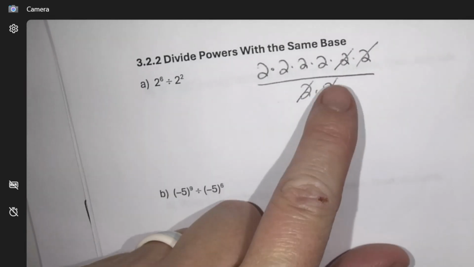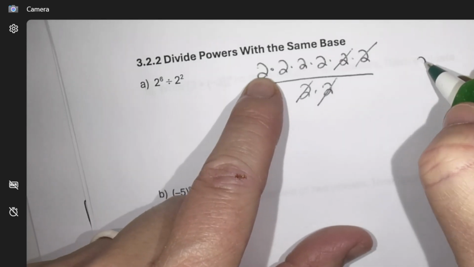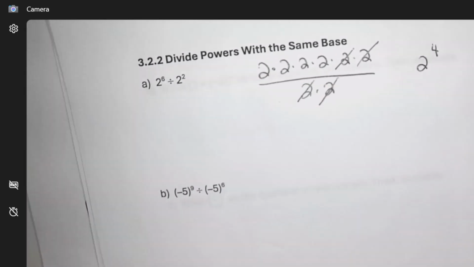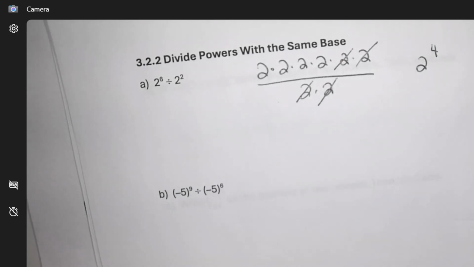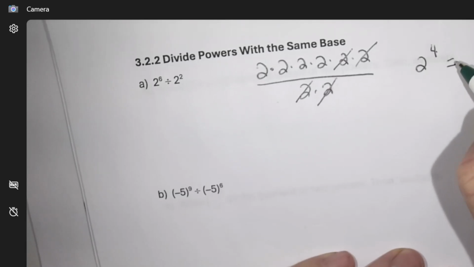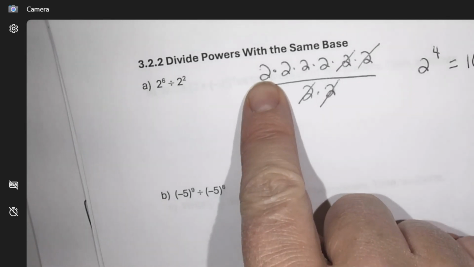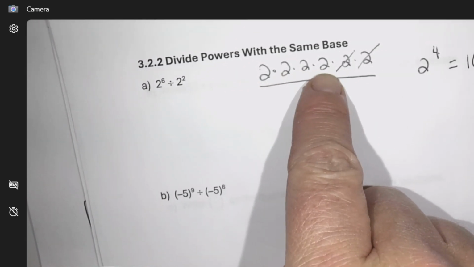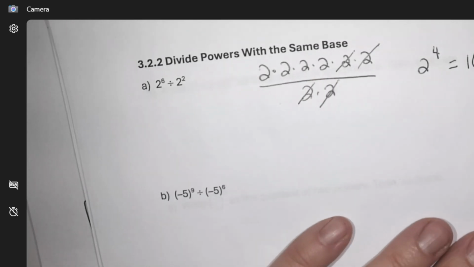And what am I left with? 2 times 2 times 2 times 2, 2 repeated to the power of 4, 4 times. And then if we evaluate it, do we know that one with our brain, not our calculator? 16. 4, another 2 is 8, another 2 is 16.